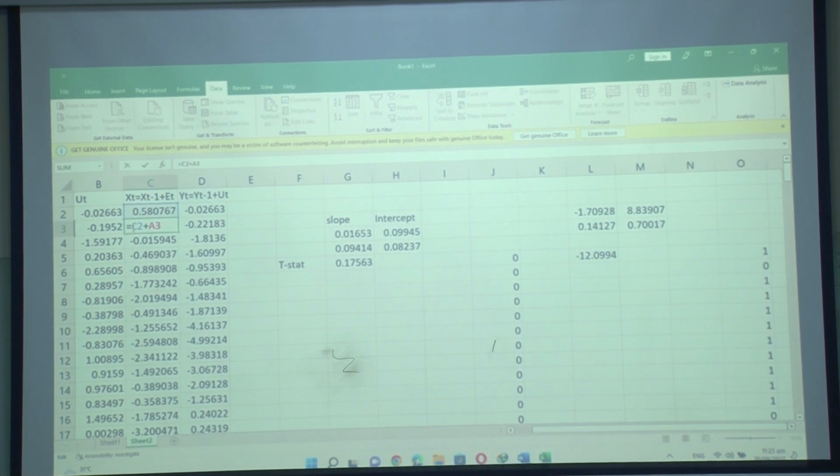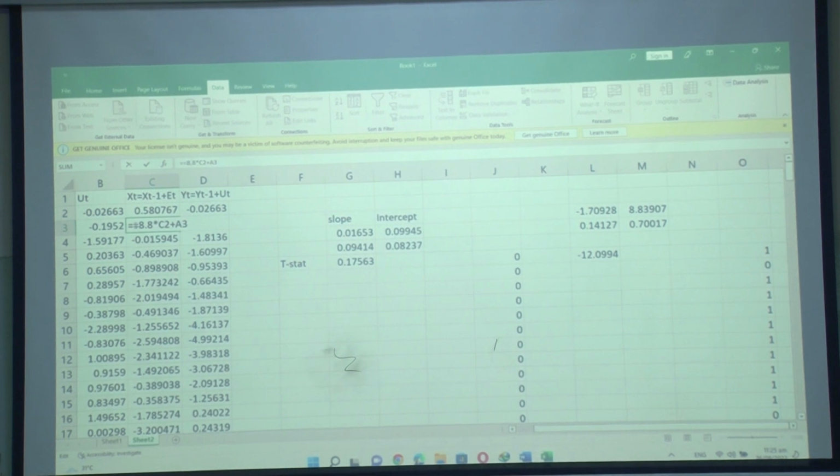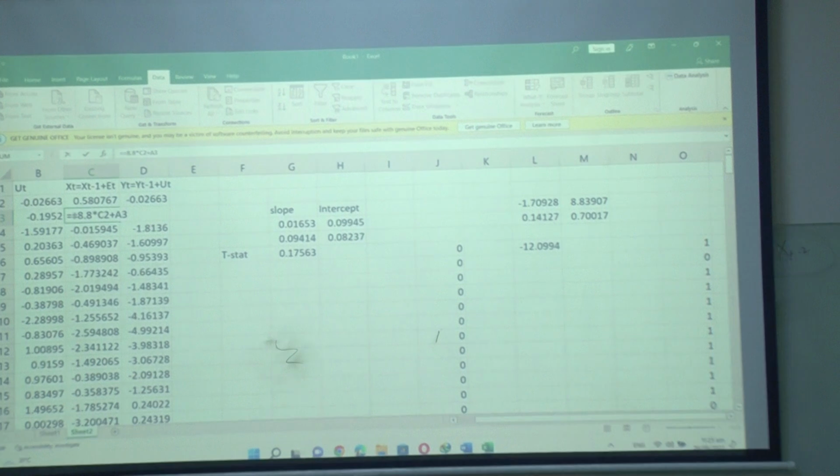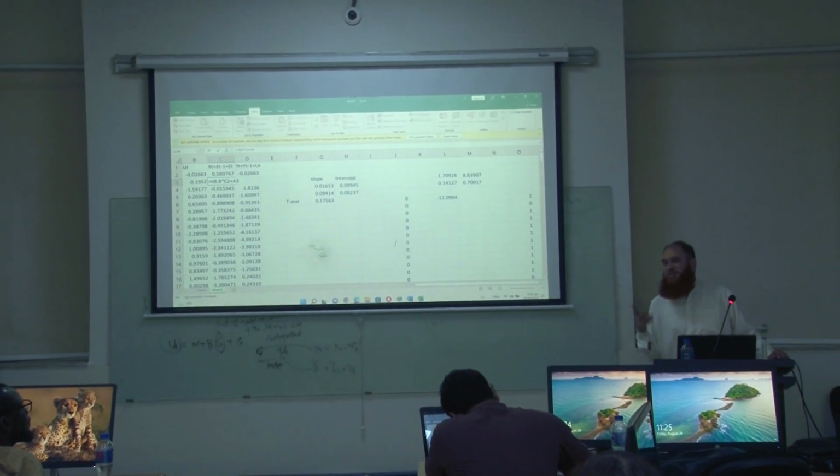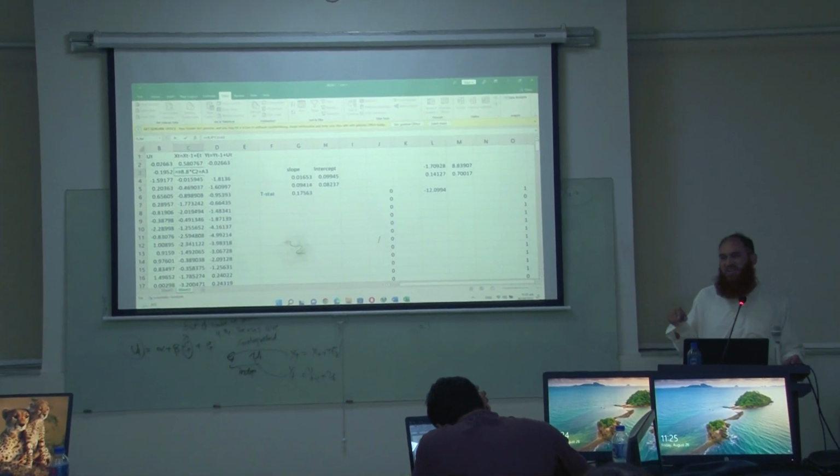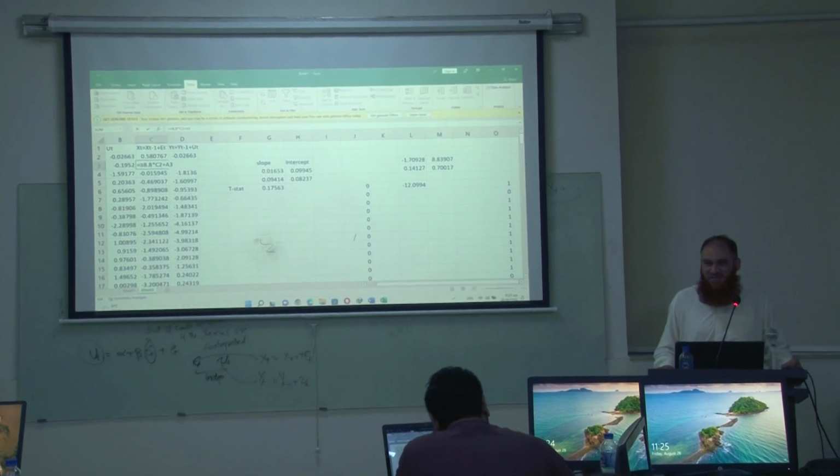Here, let me put it equal to 0.8 multiplied by this thing. What will happen? It became stationary. If I put 0.8 here, it will become stationary. Is it so?